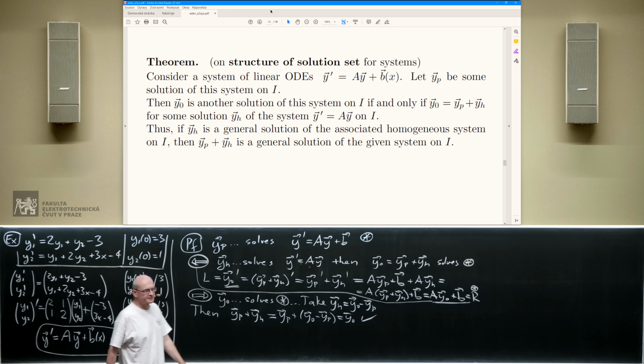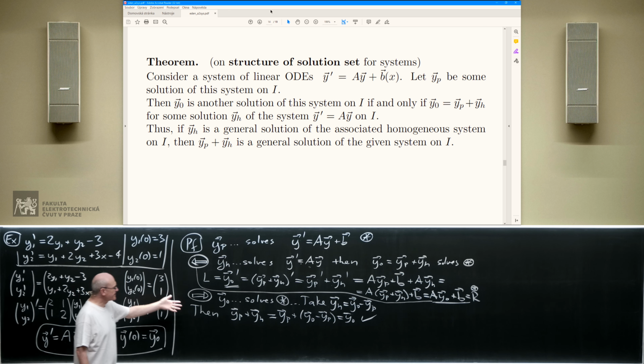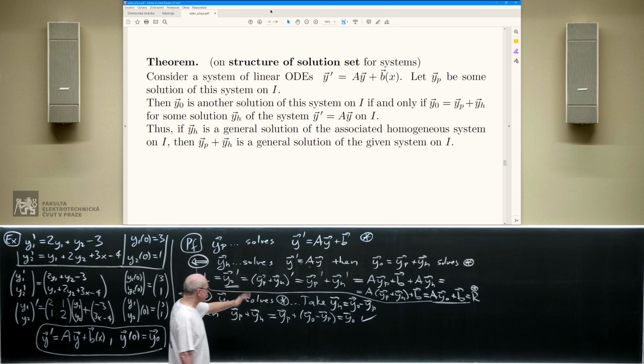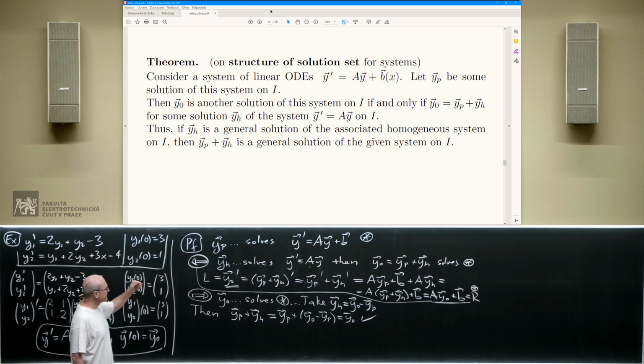The first job is done. And of course, I expected that. If this didn't work out, then I must have made some really bad mistake over here. So this is okay. This is to be expected. The interesting part is that this yh should solve the homogeneous equation star, the homogeneous version of equation star.